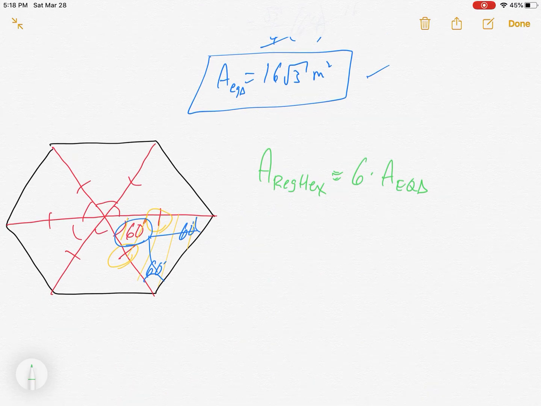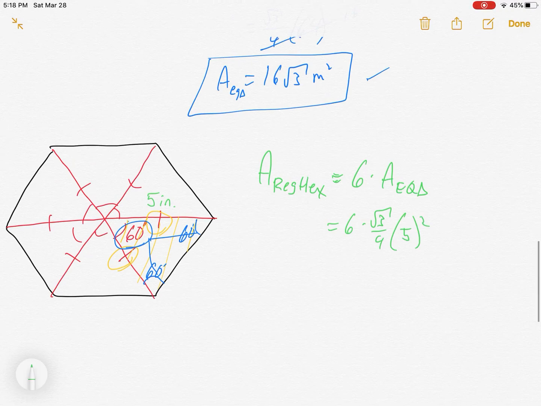So let's say I tell you that this is 5 inches. Then you just say, okay. Now this time I did not pick a real nice number. 6 times the square root of 3 over 4, times 5 squared. I could simplify this if you want. 6 over 4 is 3 over 2.